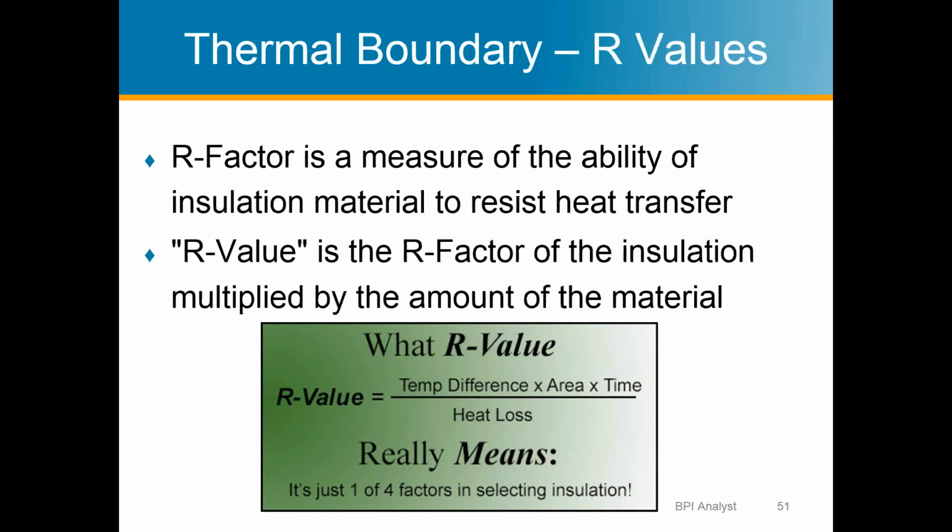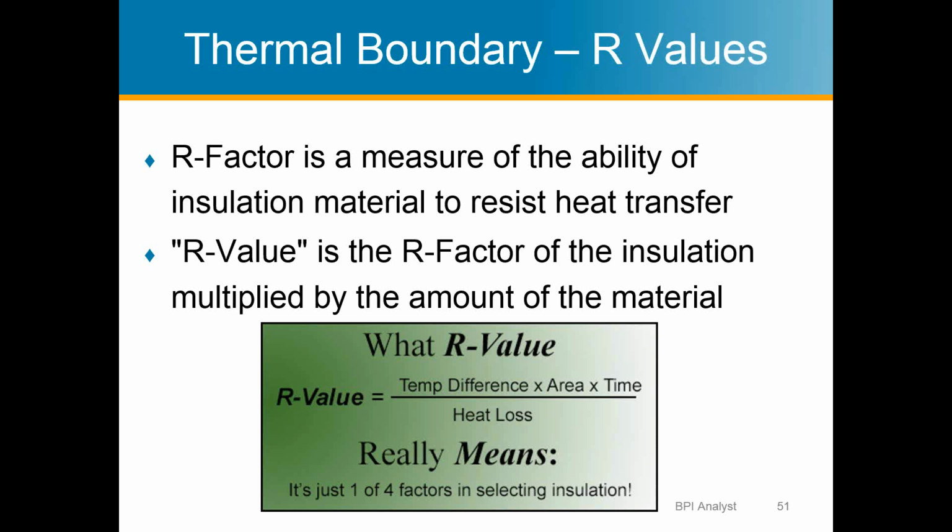Their intended purpose is not to stop air movement. So R factor is a measure of the ability of insulating materials to resist heat transfer. R value is the R factor of the insulation multiplied by the amount of the material. So we typically talk about an R value, but R factor is the rough term that I like to use. Wood has an R factor of about 1 per inch.